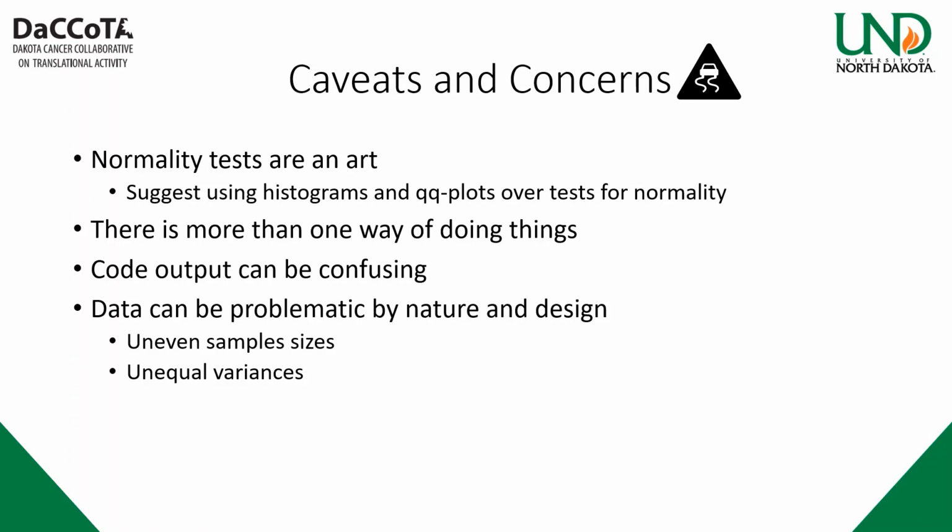But you can also have poor or good design that makes your data cleaner or messier, and you always have to deal with the possibility of unequal sample sizes and unequal variances and all sorts of other things. So it's important to design things well, but also realize that nature is not perfectly clear. It's kind of messy, so you'll have to be able to handle any data set as it comes. Data is rarely idealistic.